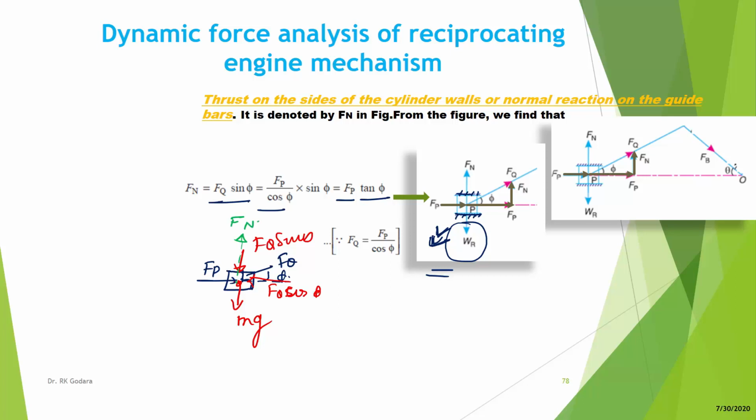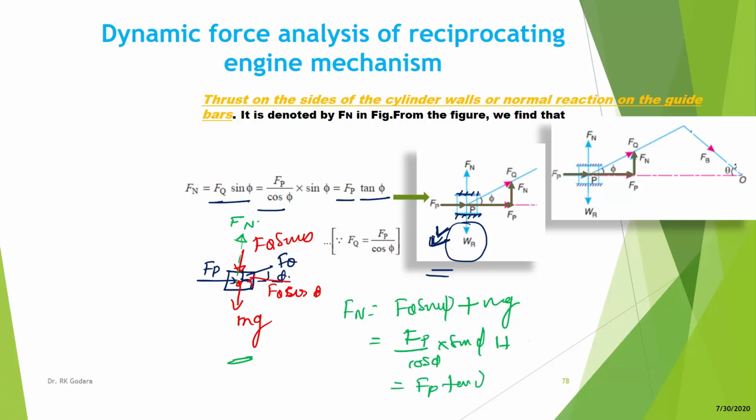If we consider mg also, then Fn is equal to Fq sin phi plus mg. As we know, Fq is Fp over cos phi multiplied by sin phi, plus mg, and this becomes Fp tan phi plus mg, which is the wall thrust or normal reaction on the guide bars or cylinder liner. So this is how we can consider the effect of gravitational force on the piston.